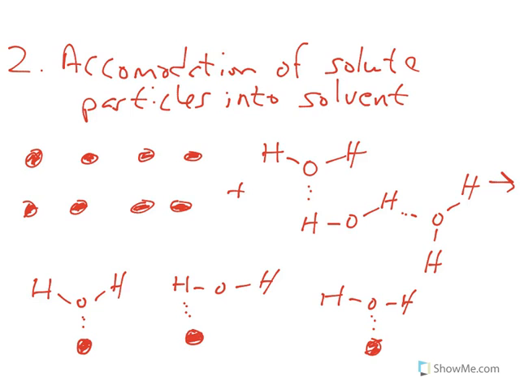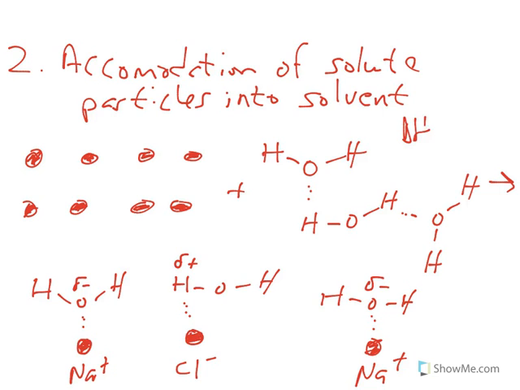Remember that oxygen has the delta minus, hydrogen has the delta plus. So it can coordinate to these ions through the ion dipole force. If this was Na plus here, this would be Cl minus, and this would be Na plus. So you've broken hydrogen bonding in the solvent. This is going to require energy. We don't like breaking hydrogen bonding.